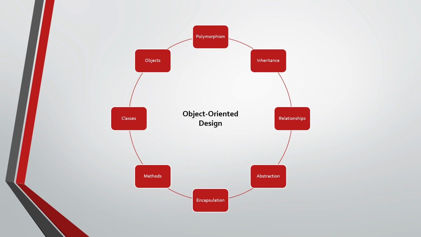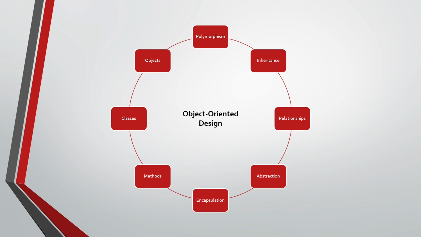Then we have methods that determine the behavior of a class, and they are nothing more than an action that an object can perform. The encapsulation is the attributes and methods that, when bundled together, are known as encapsulation. Abstraction is a process of taking or selecting necessary methods and attributes to specify the object.